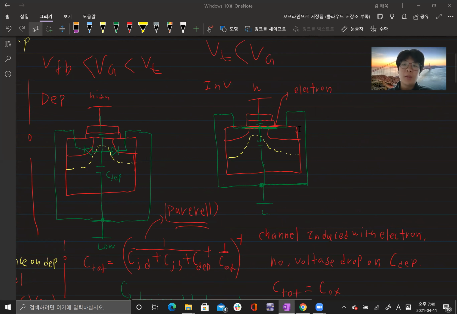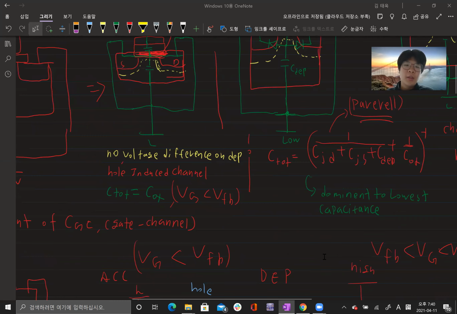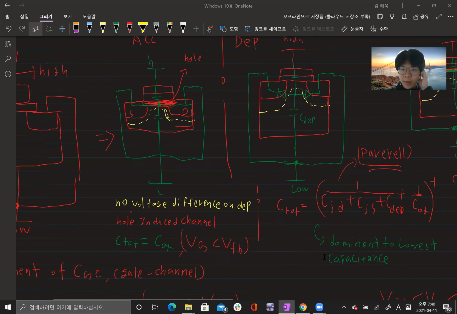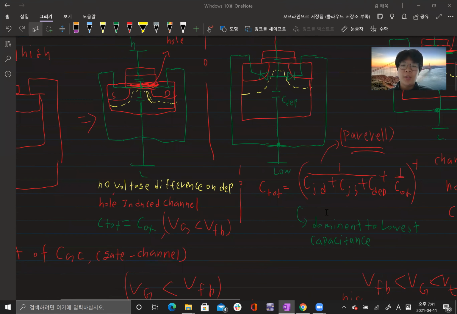Similarly to the accumulation stage, the total capacitance would be the oxide capacitance. So the total capacitance is a harmonic average of all these capacitors.